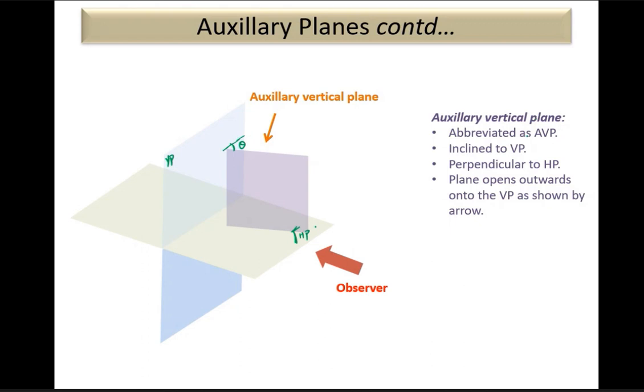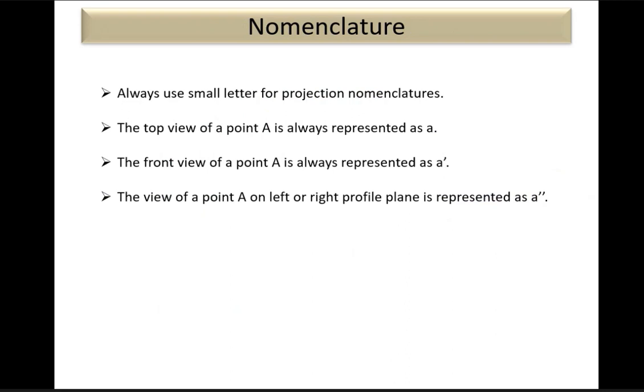So for now, auxiliary vertical planes are abbreviated as AVP and they are inclined to VP and perpendicular to HP. And it will open in this way. So you'll see it will open like this, onto the VP as shown by the arrow. Okay, we'll see it in a later case.